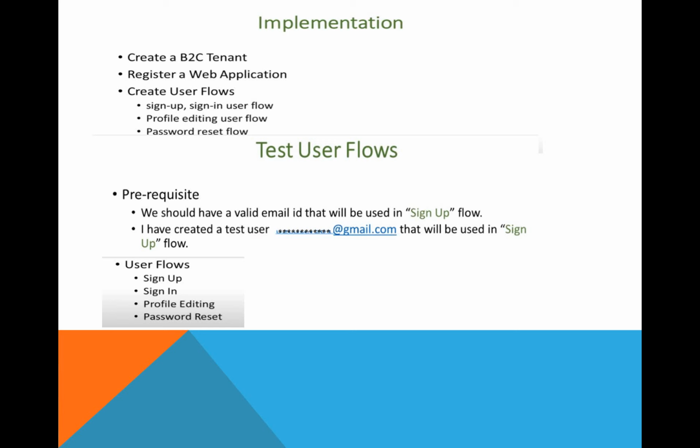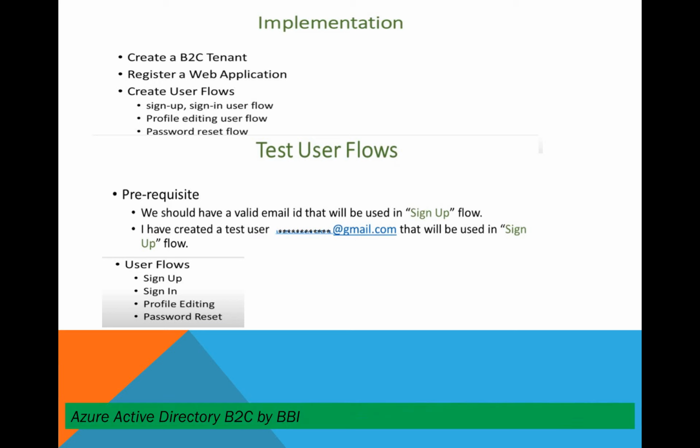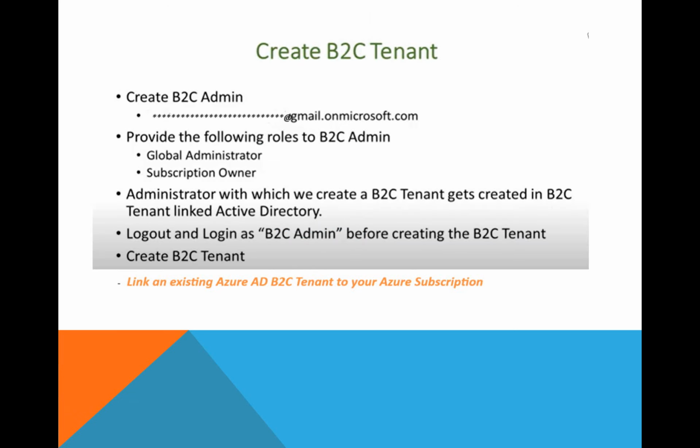And to test the user flow there is a prerequisite: we should have a valid email to use in the sign-up flow. I have created one test user with gmail.com, and that will be used for the sign-up flow. Then the user flows: sign up, sign in, profile editing and password reset. So this is the set of steps you need to perform.